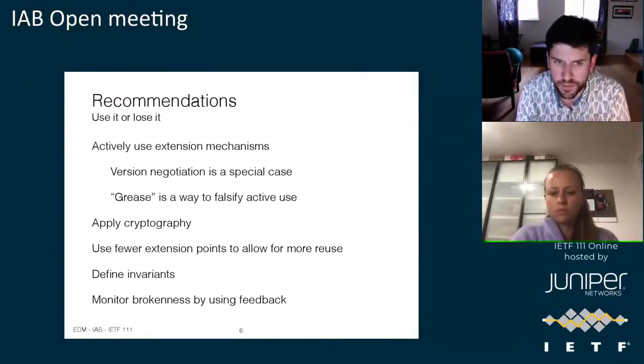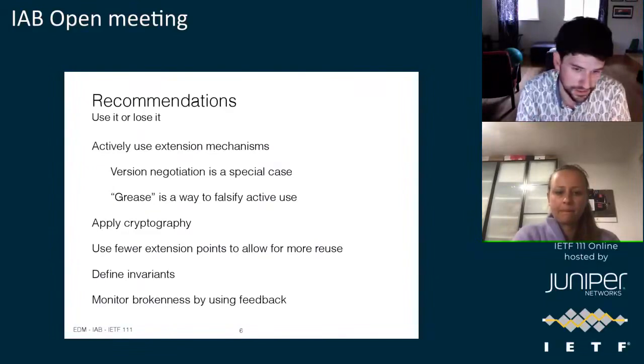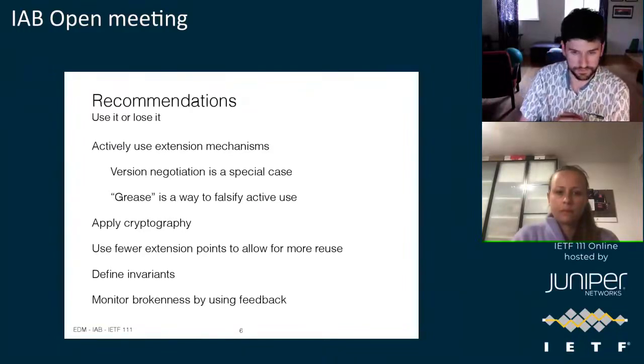And then there are a number of things that relate to improving how active use can maintain extensibility, such as using cryptography and encryption, having a relatively limited set of extension points so that they get used a lot, defining invariants, and monitoring brokenness with feedback. And I think that's it for these slides.